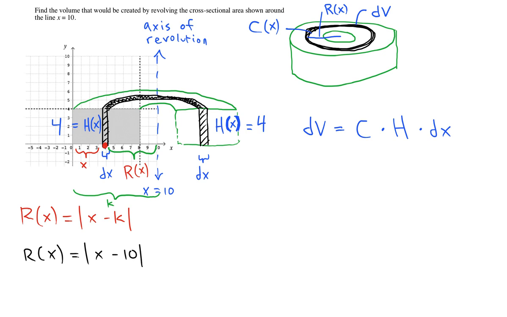And let's recall the formula for circumference. That's going to be c of x equals 2 pi r of x. So we're going to get c equals 2 pi times x minus 10.